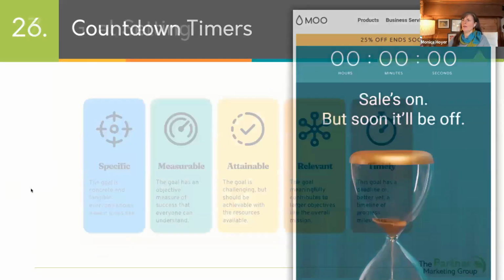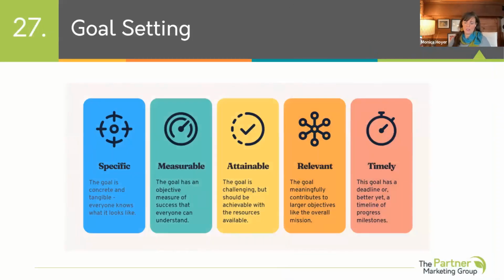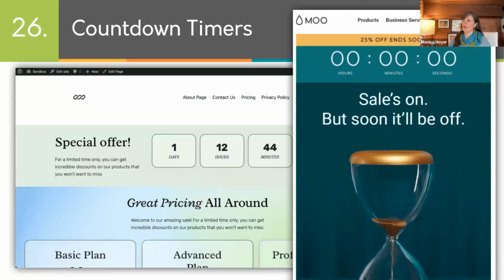Countdown timers are one of my favorite things to include, and there's special pricing that you can include. There's the end of a sale happening, that kind of stuff. Minutes, days till a webinar, that's another really great one to use. Countdown timers are integrated in the Influence Marketing platform.